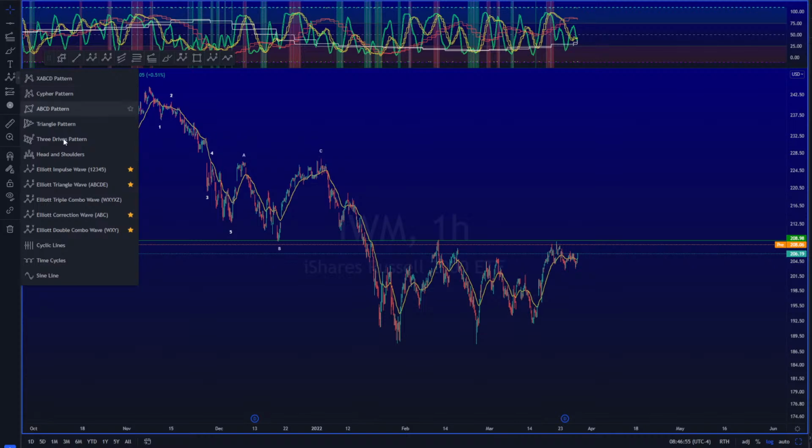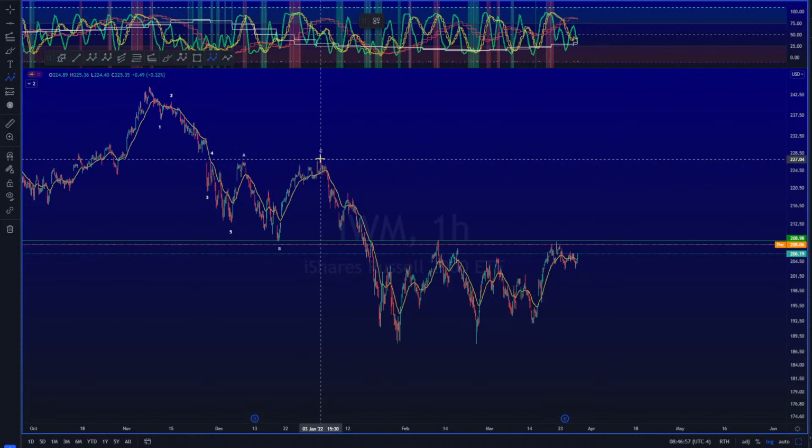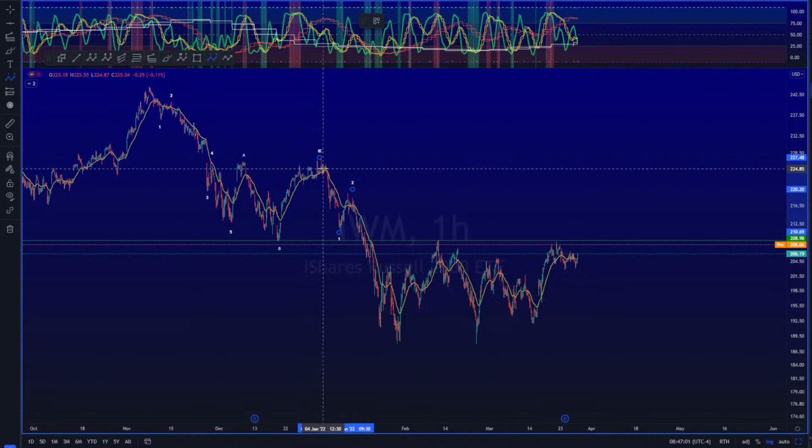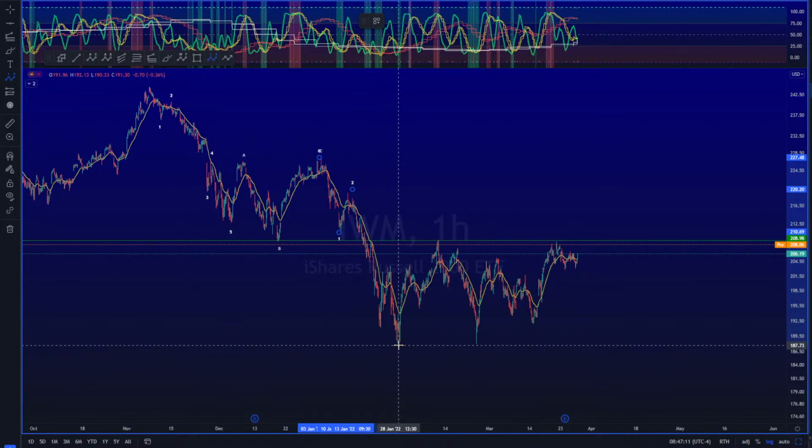From the top then, we've got a 1, 2, and in this 1, you've got a nice little 1, 2, 3, 4, 5 waves down into 1, and you've got a wave 2, and then it's going to be hard to count, a 1, 2, 3, 4, 5 into the 3, and then we've got A, B, C into the 4, and then 1, 2, and then here's a problem.